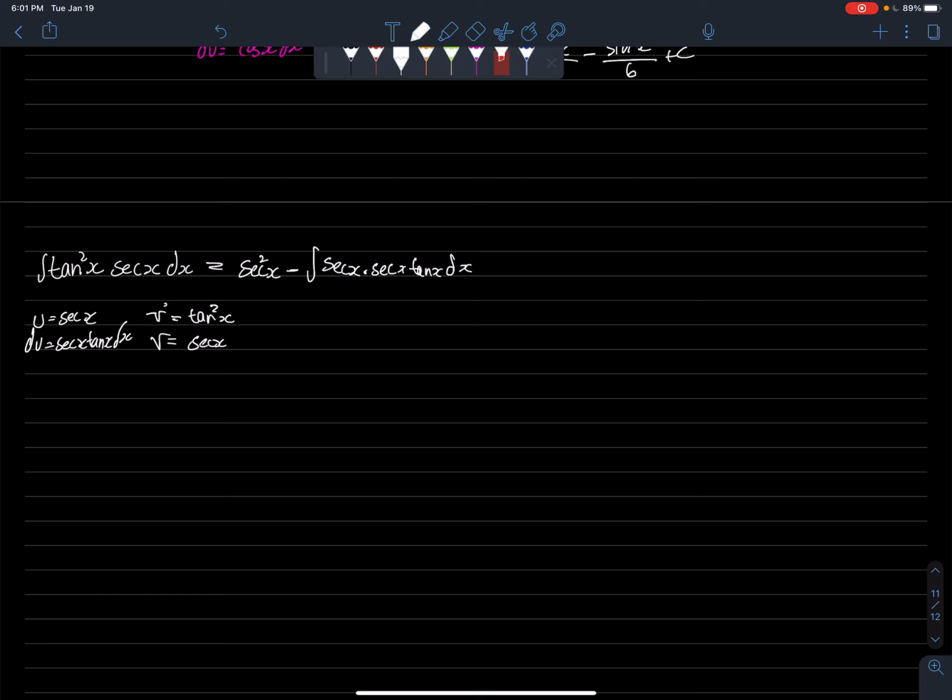So let's see here, we have secant squared, right? I'm just trying to make sure tan squared is equal to secant. Yeah, u is equal to secant, du is going to be that. Okay, see, you could do it this way.